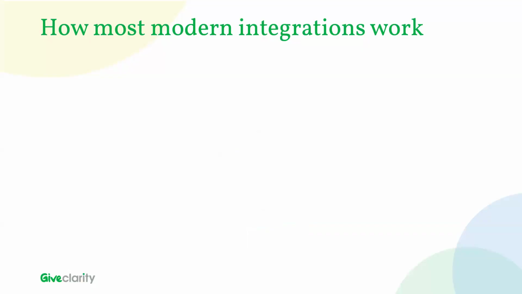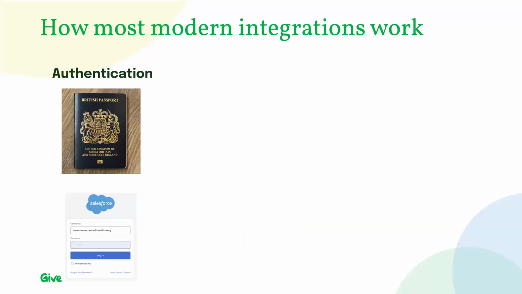Digging into that a little bit, as guests come into the hotel, they'll need to demonstrate who they are. In an integration context, that's known as authentication. That means me, as an integrating system, proving who I am.